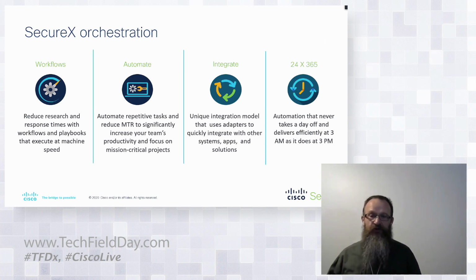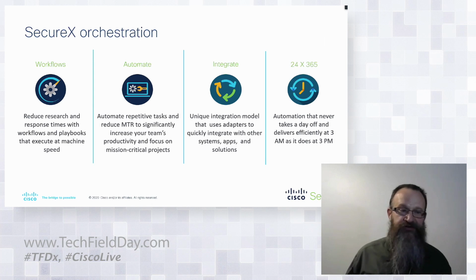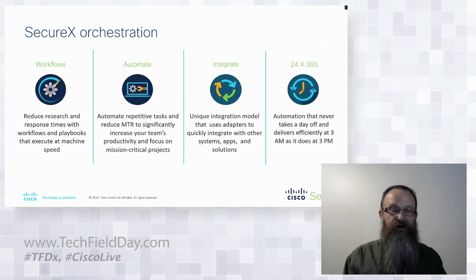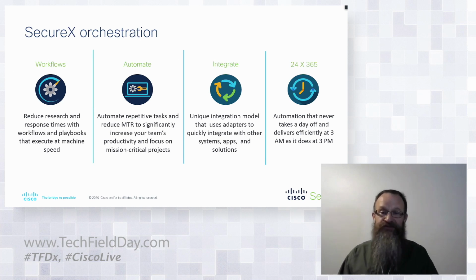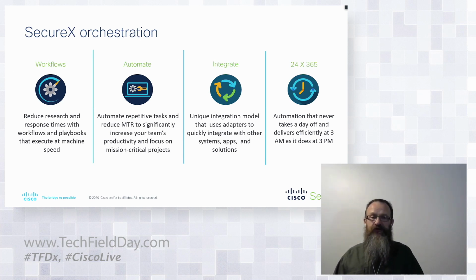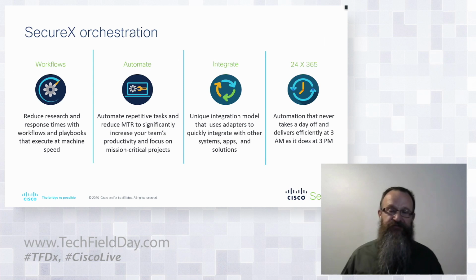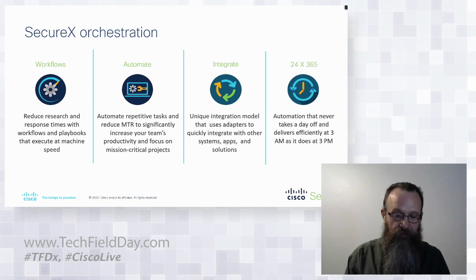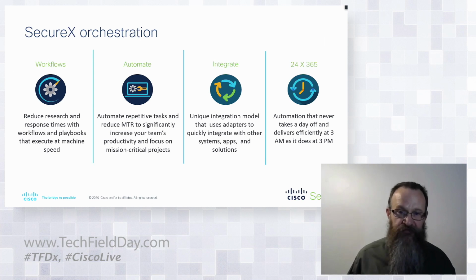We've also got an integration model that allows you to quickly integrate with various Cisco security products, third-party security products, third-party non-security products, third-party cloud environments. We're going to talk more about the long list of available integrations in orchestration, but suffice it to say that it is the broadest, most integratable part of the Cisco security platform.